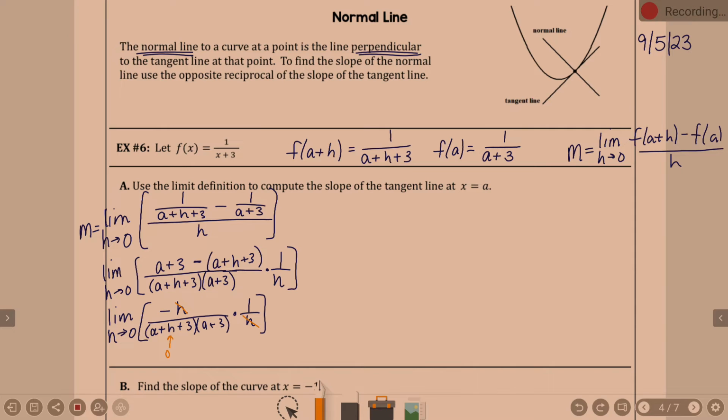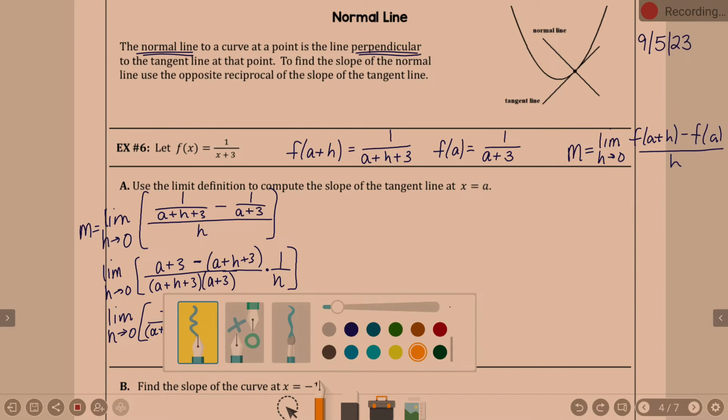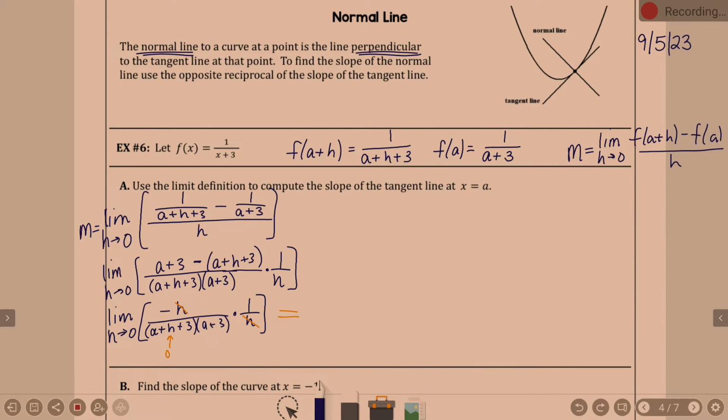So if I actually take this limit, these h's were gone, so what's left on top? Negative 1. In the denominator, if that h goes to 0, what's left in my denominator? A plus 3 squared. And a plus 3 times a plus 3 can be written as a plus 3 quantity squared.